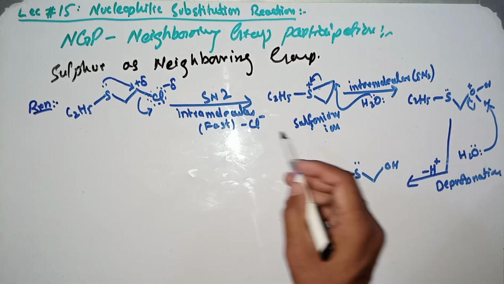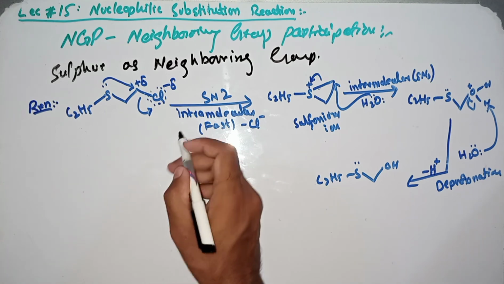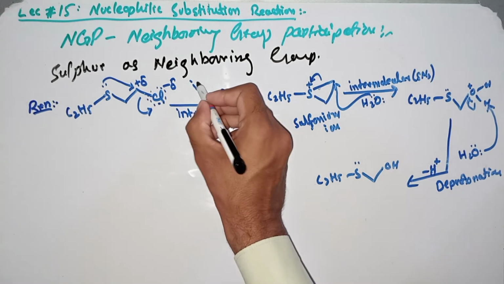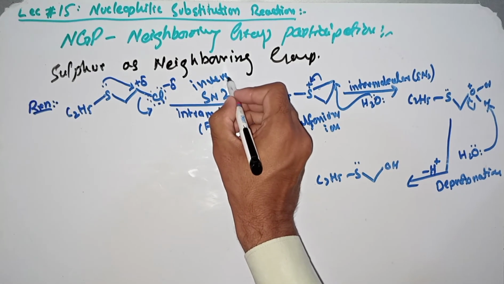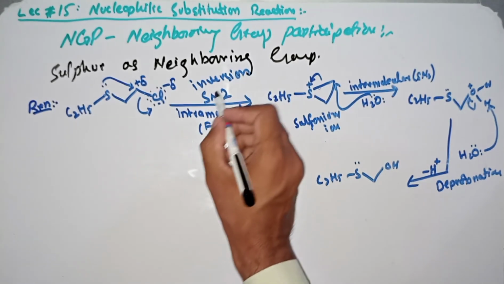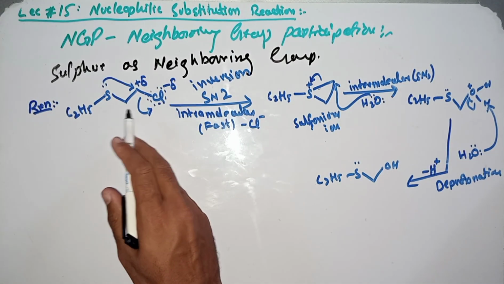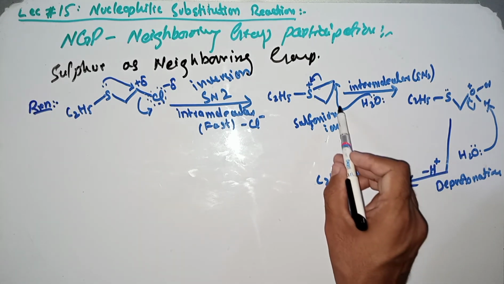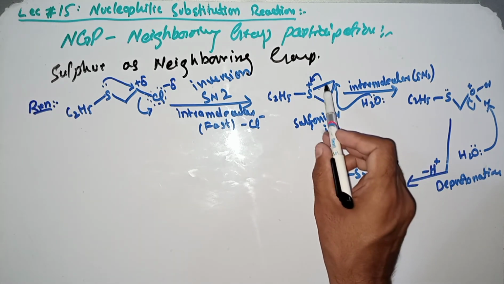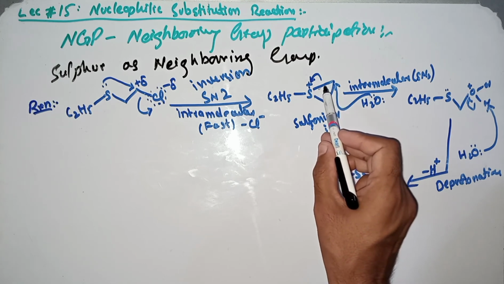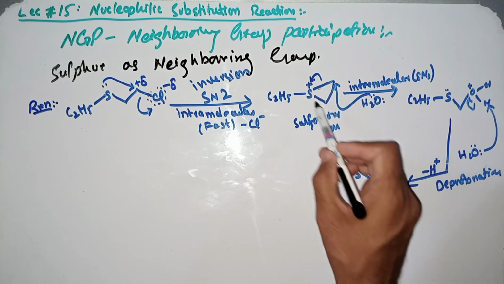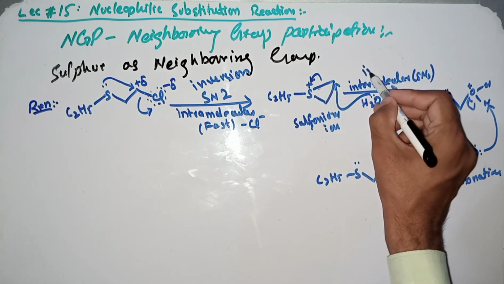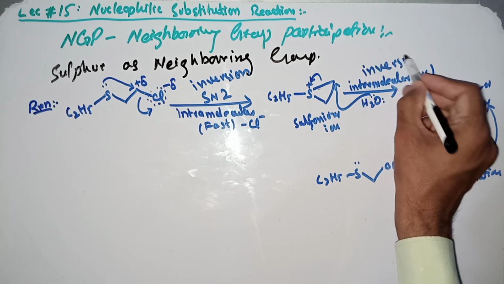Here in this system, in the first step inversion will be produced. Why will inversion be produced? Because the nucleophile will attack from the back side of the leaving group, while in the second step the nucleophile also attacks from the back of the bond that breaks. So in both cases inversion will occur.